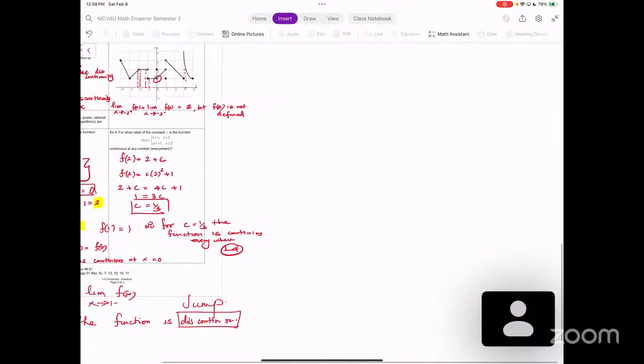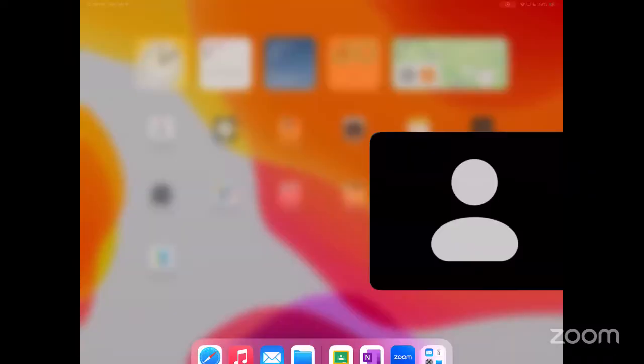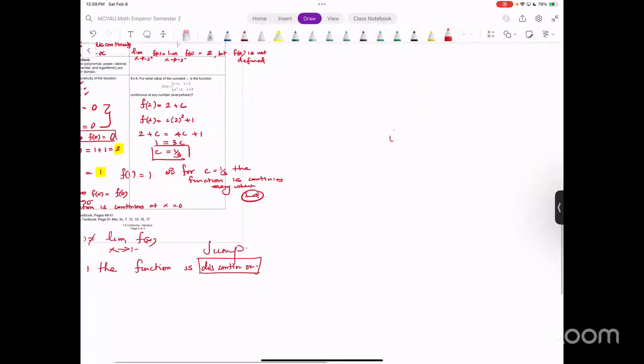So to do that question, you're given this function: y is equal to (4 plus x) over (x minus 2), at the point (8, 2).